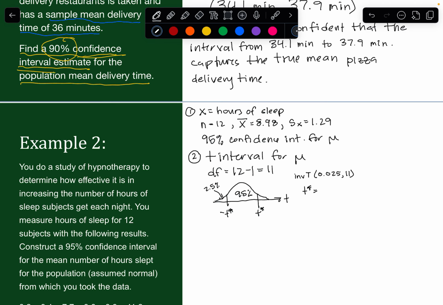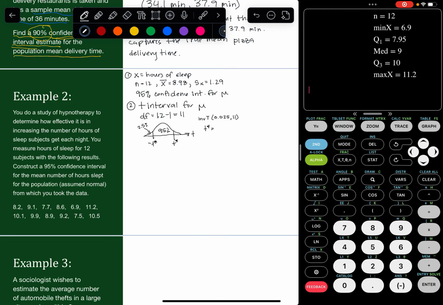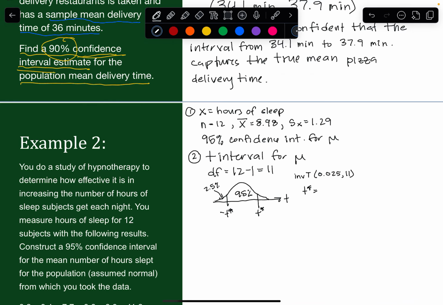So let's pull up our calculator again. And we go 2nd Vars, inverse t is option 4, 0.025, 11. And we get negative 2.201.